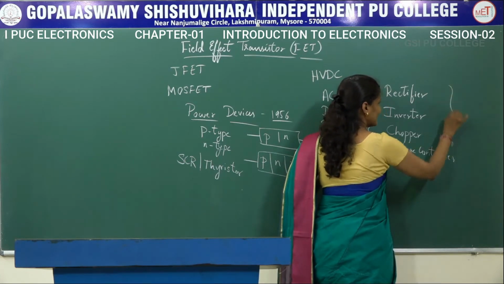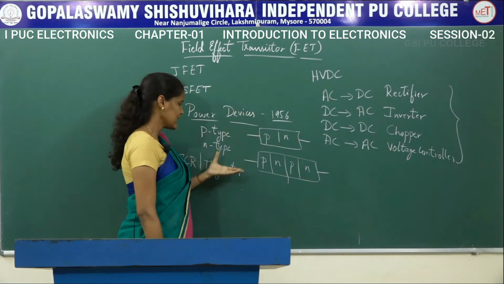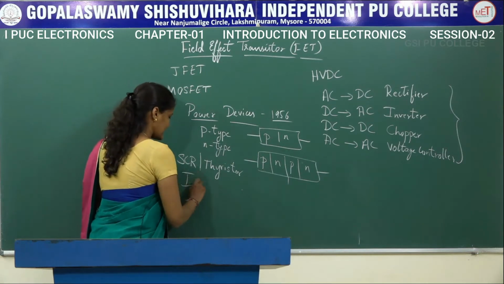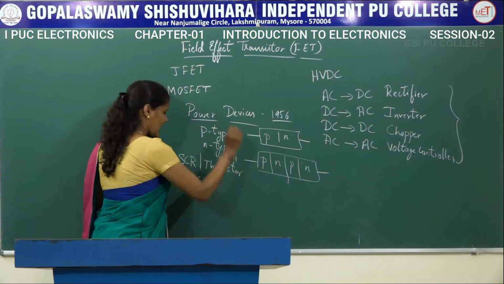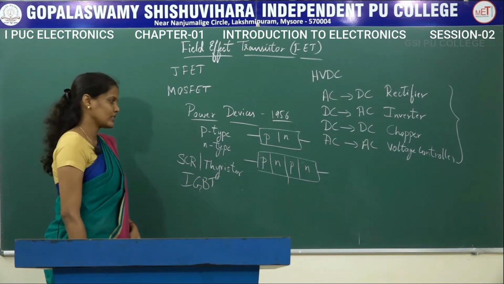In all these types of circuits, we are going to use these power devices, that is SCR, and another device called IGBT, which is the insulated gate bipolar transistor.